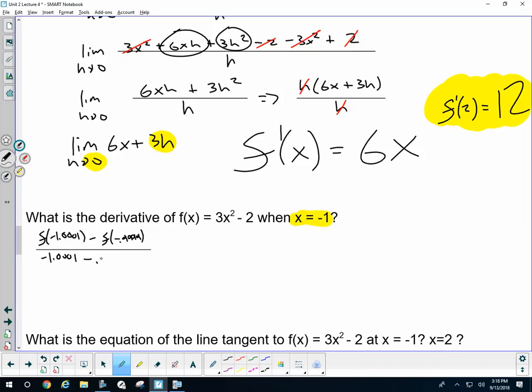Great, I'll start calculating that. Meanwhile, you guys can tell me what the answer is. Discuss with your neighbors what the answer is. Make sure we're on the same page here.